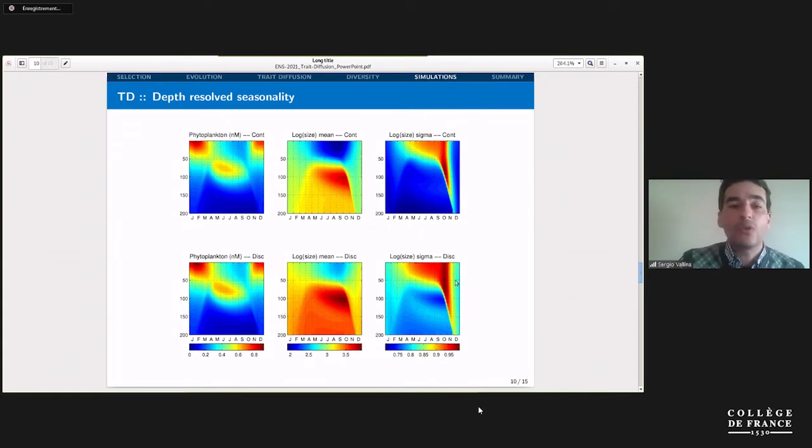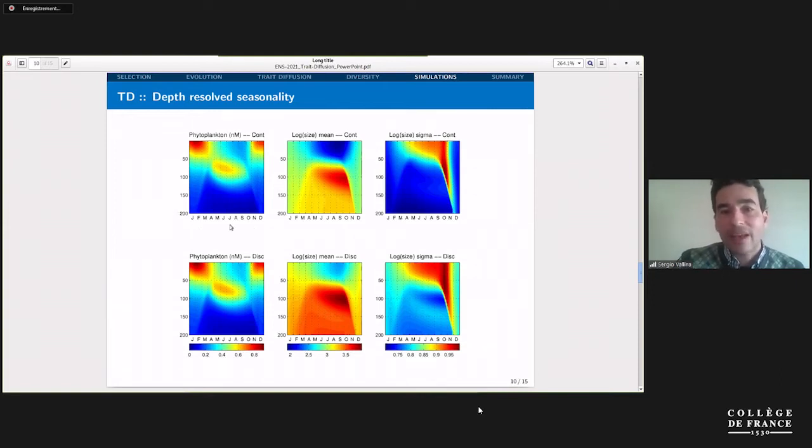And we want to evaluate if the continuous trait approximation works well enough to be substituted for the traditional discrete entities approach in global ocean scenarios, for global warming, etc., in the future. Again, the x-axis is time in months, and the vertical axis is depth.